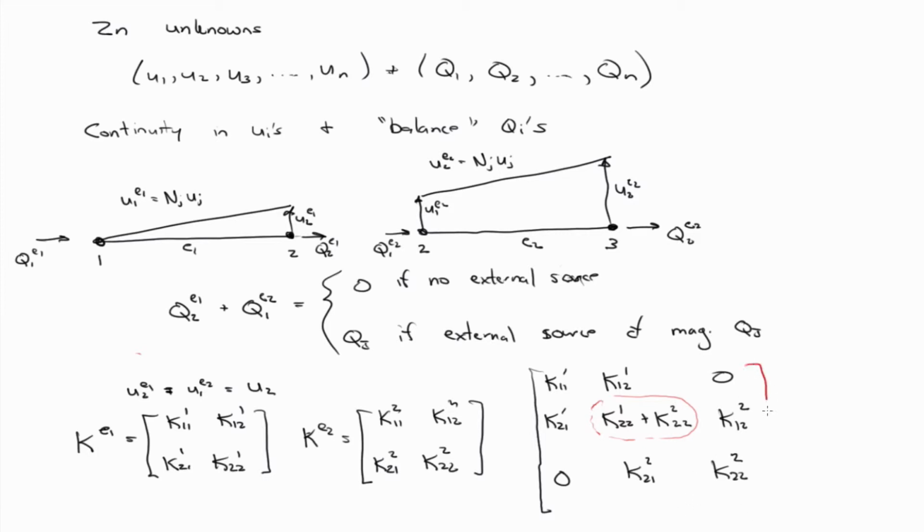So, well, what? It would be K superscript 2 subscript 1, 1. Sorry. 1, 1. So just so I don't have to rewrite it on the next page, we'll call this KG, K global.